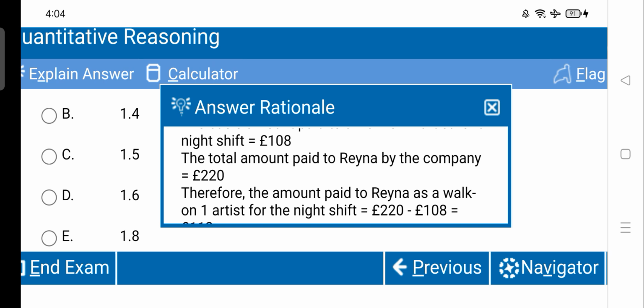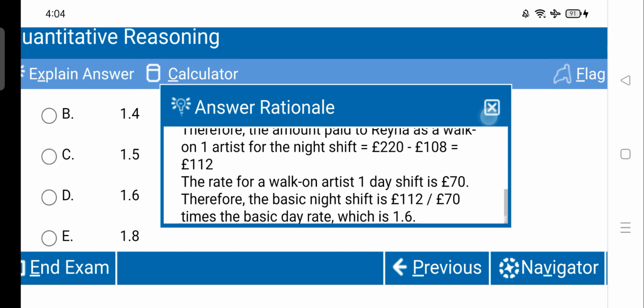Therefore, the amount paid to Reina as a walk on one artist for the night shift equals 220 pounds minus 108 pounds equals 112 pounds. The rate for a walk on one artist day shift is 70 pounds.